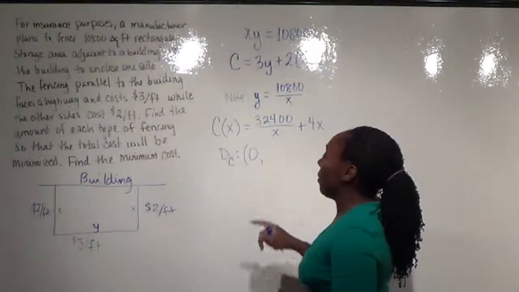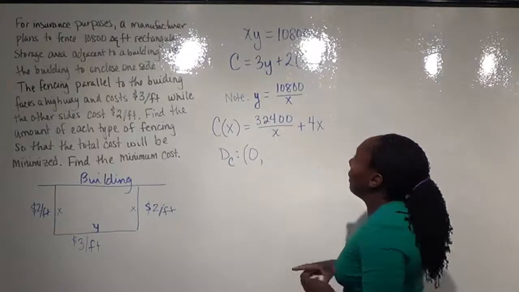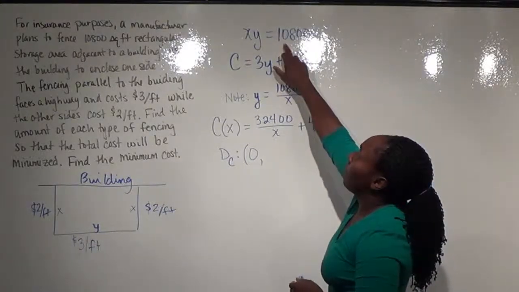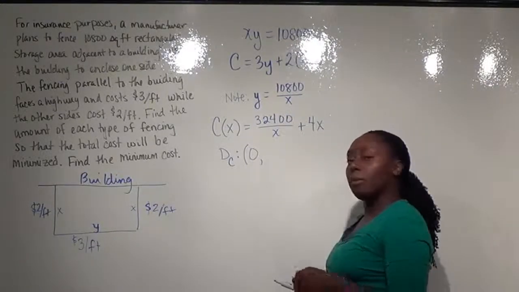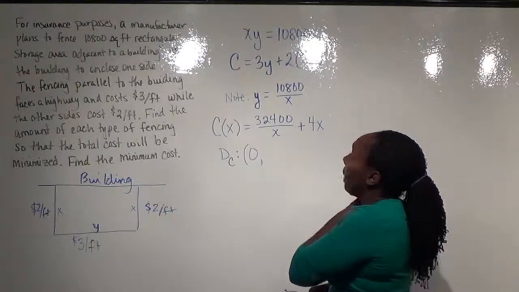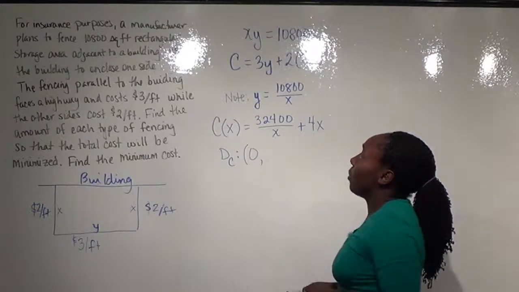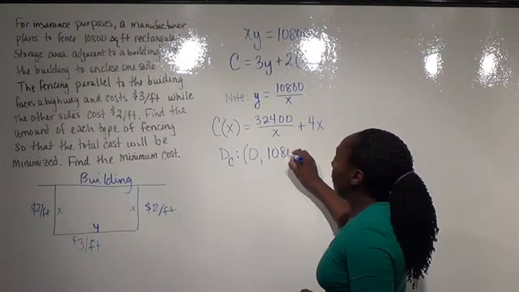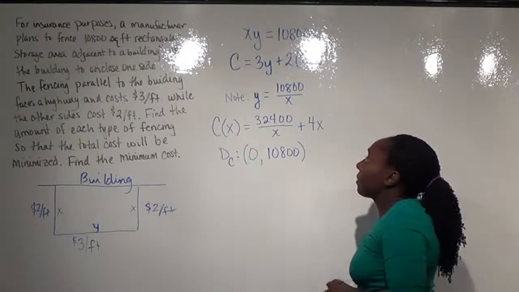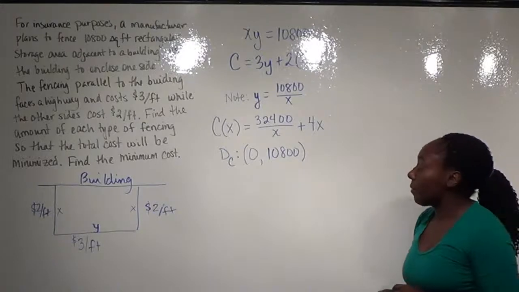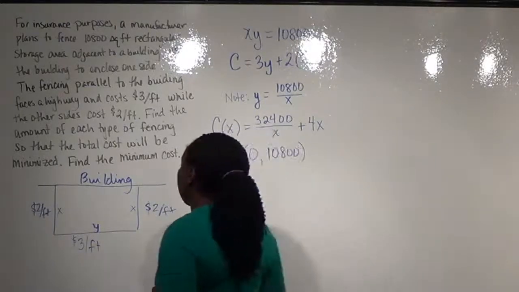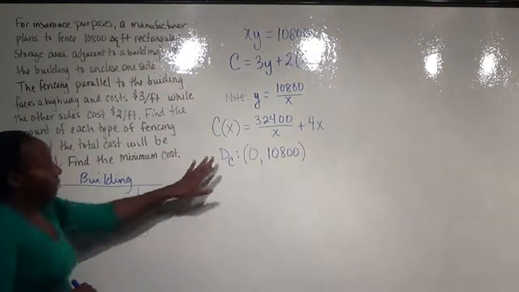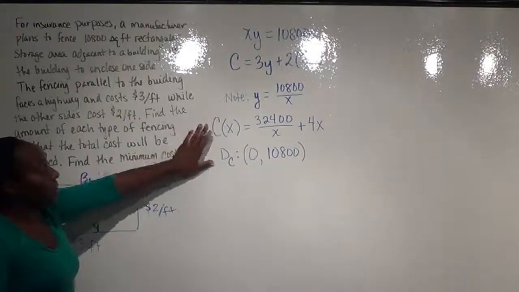So it's going to go from 0 up to, well, we do have a bound on this. For as small as our Y can be, our X at most can be 10,800. So now we've got our function and the domain.